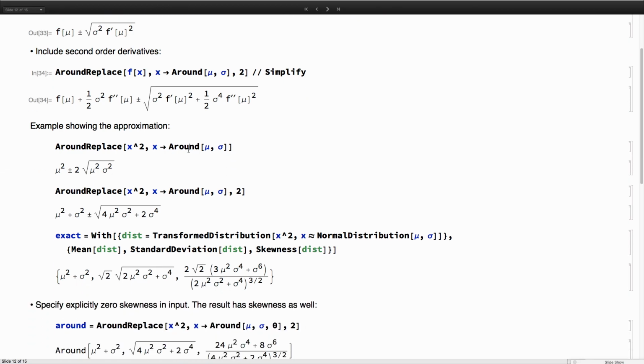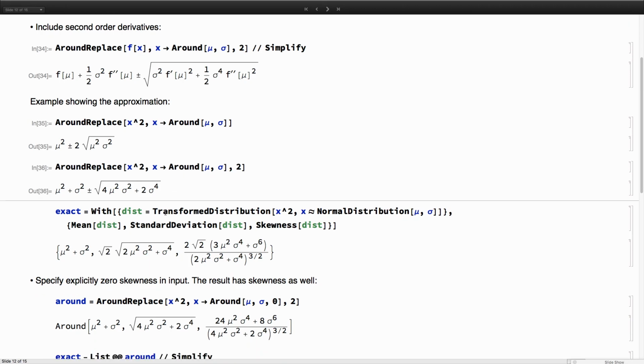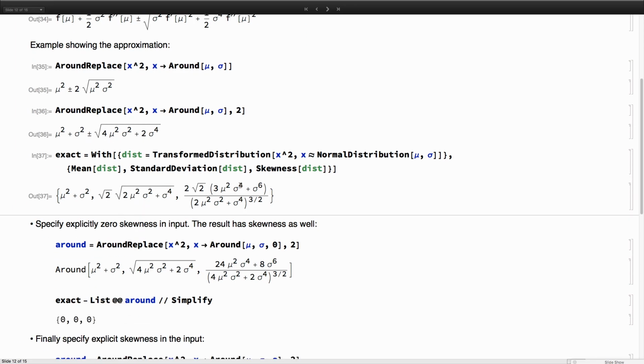So just to show you a comparison with the statistical functions, this is the equivalent of transforming a normal distribution with a square. And we can check that this result and this result are equivalent. With the statistics, we can also compute skewness and higher moments.